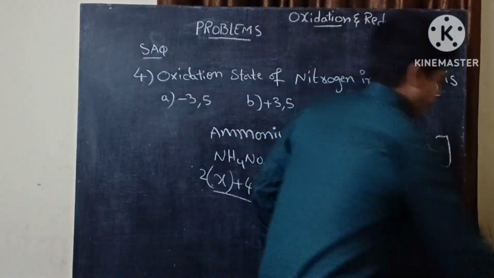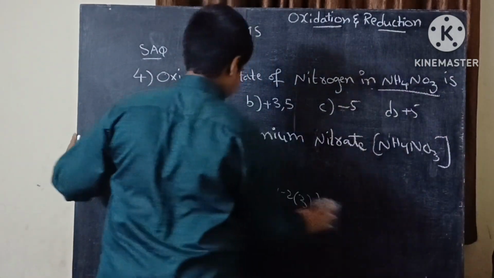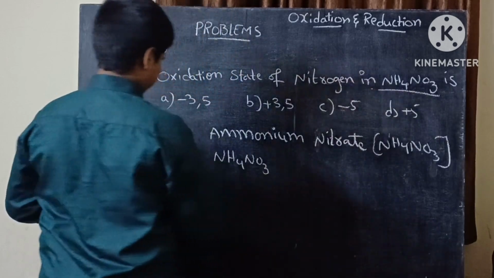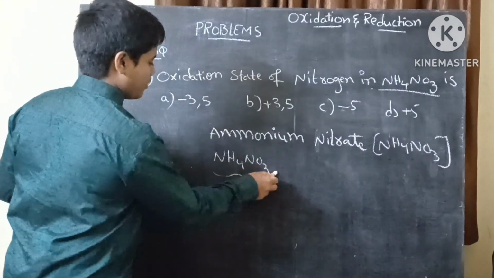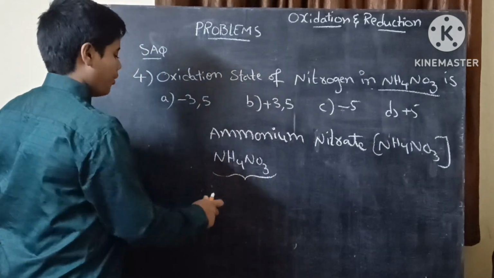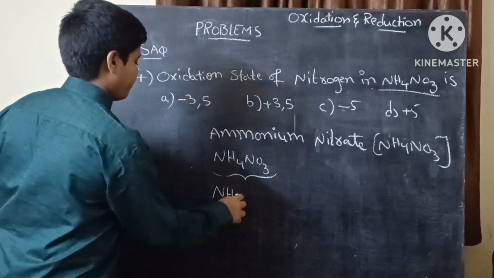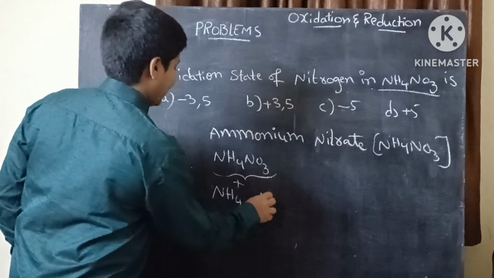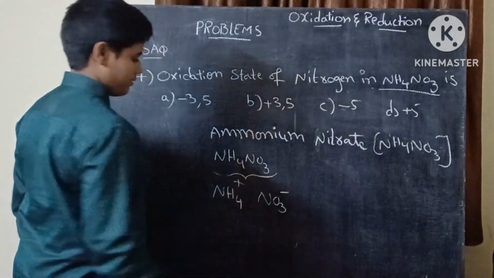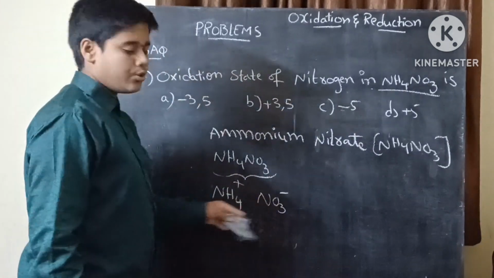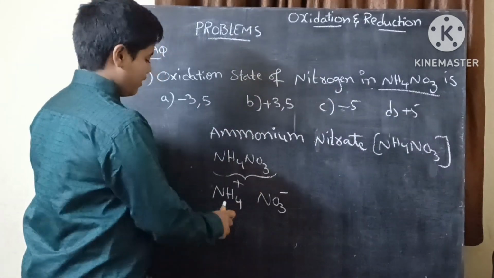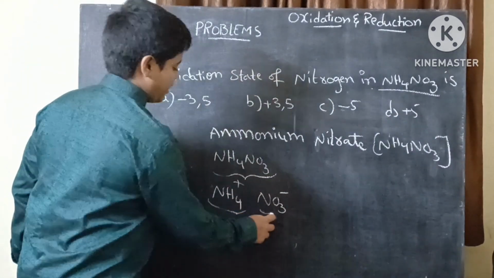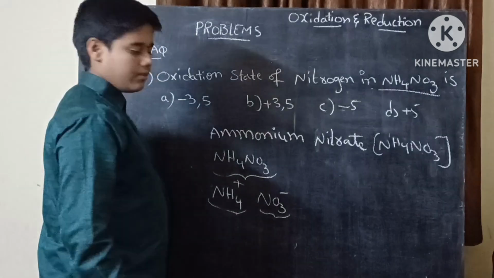Okay. So the main process for this question is, first we have to split this compound like this, NH4 plus and NO3 minus. These two are ions. So we have to find the oxidation number for nitrogen separately.